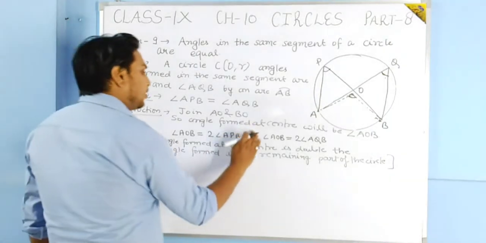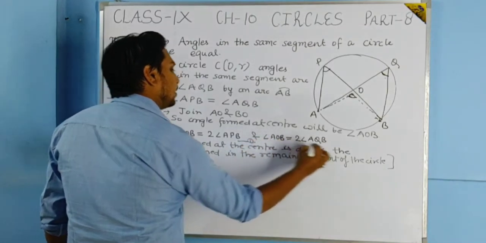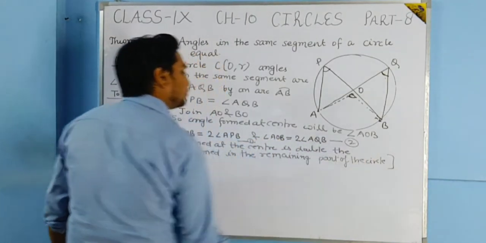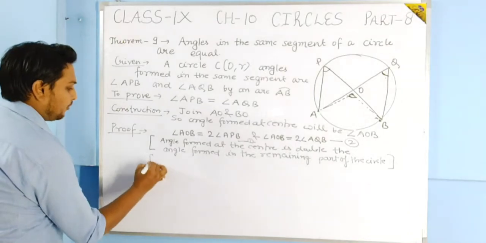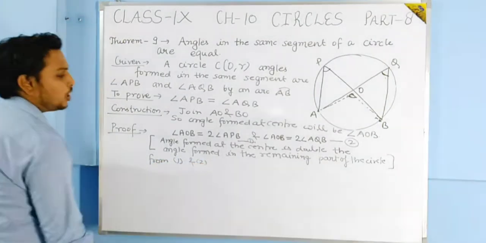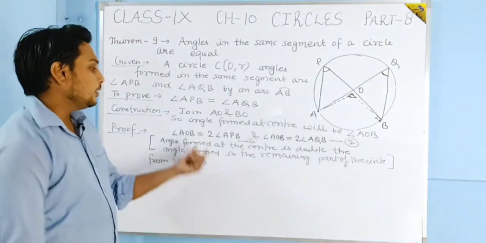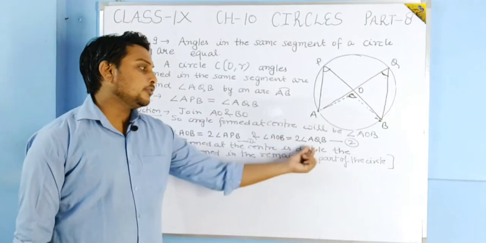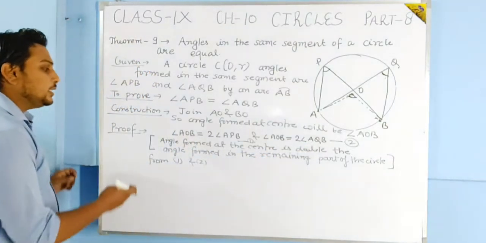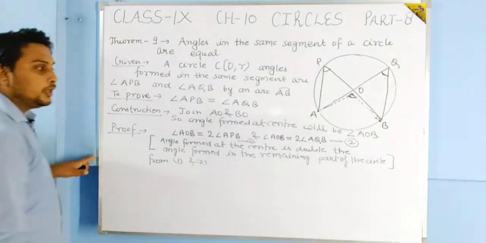Now students, suppose this is equation 1 and this is equation 2. So from 1 and 2 you can see the left hand sides of these equations are equal, means here also it is angle AOB and here also it is angle AOB.